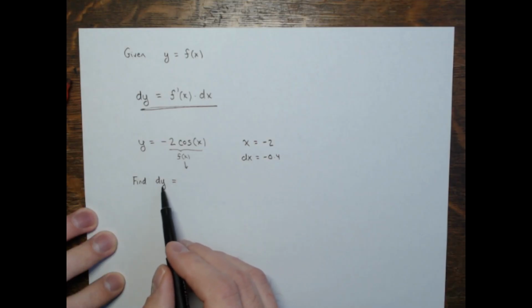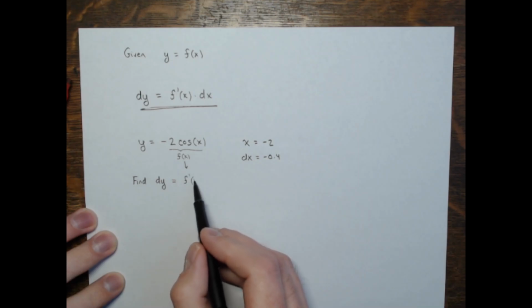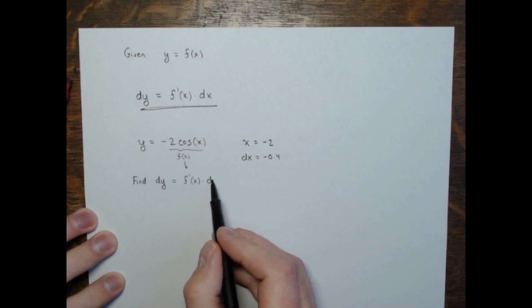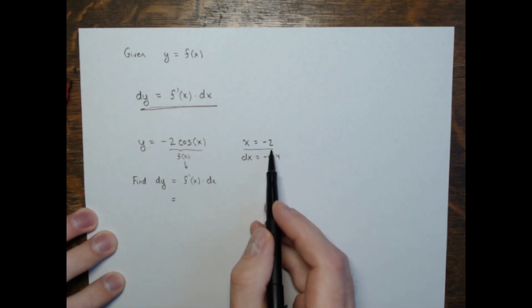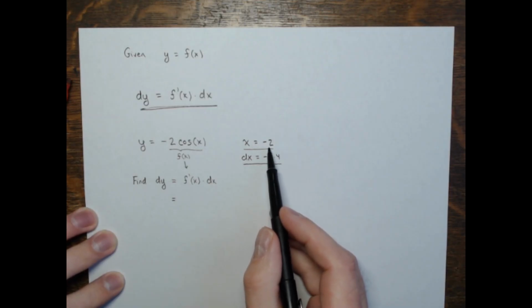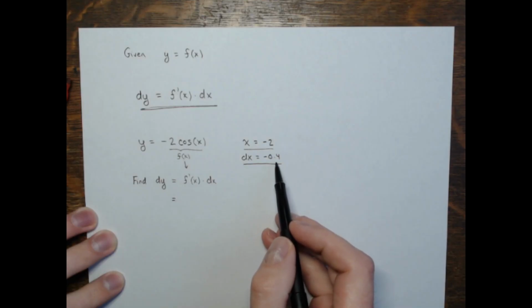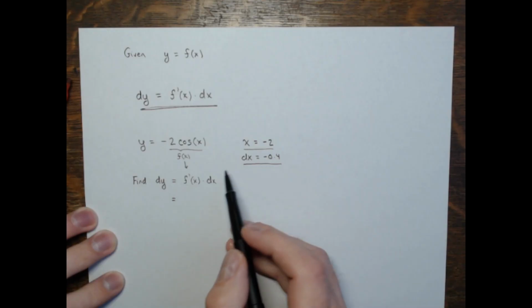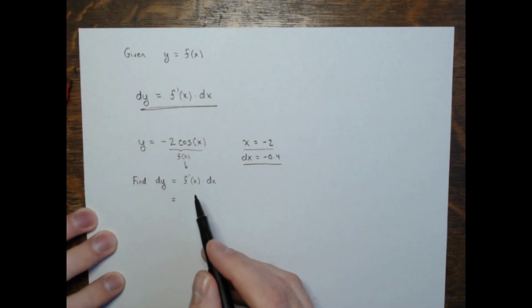Again, the differential of y, how much y would change would be f prime at x times dx, the slope of the tangent line times the change in x. And we're given a bunch of this information here. So they're specifically asking us for the tangent line at x equals -2. And then we change x by -0.4, so decrease x by 0.4, and we're asked to calculate how much would the y-coordinate change on that tangent line.